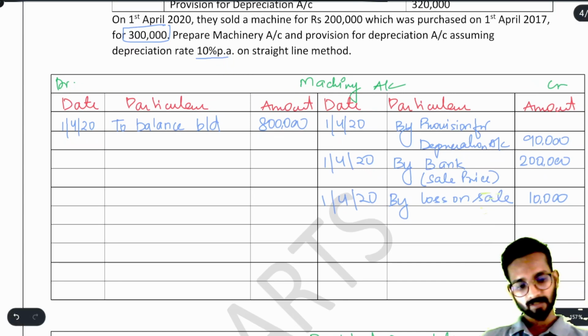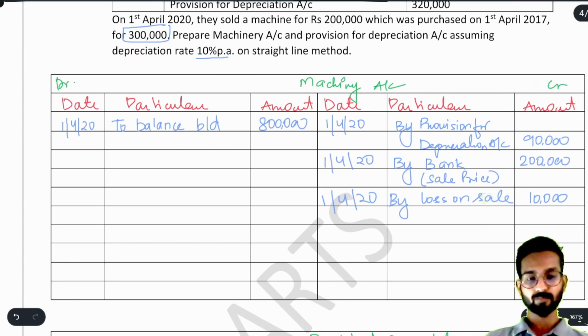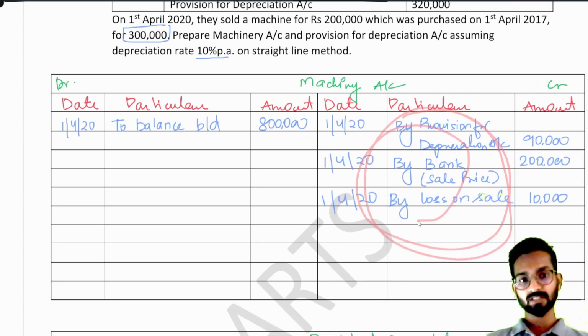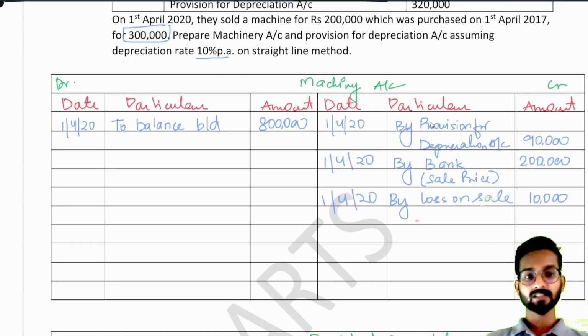Now what will we write in the machinery account? See, machinery value was 8 lakh rupees. See, we usually in the provision for depreciation method, when we are using provision for depreciation account, you do not write by depreciation here. In the first 2-3 questions when we learnt, we used to write here directly by depreciation, but in provision for depreciation, we will write that account in machinery whenever the asset is sold.